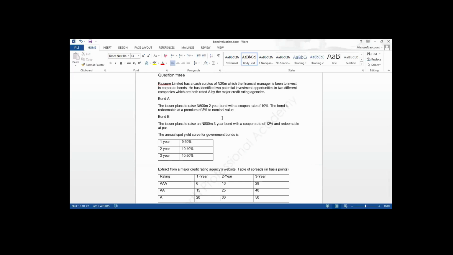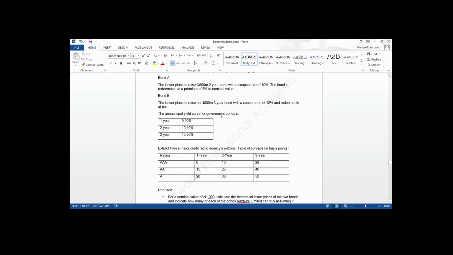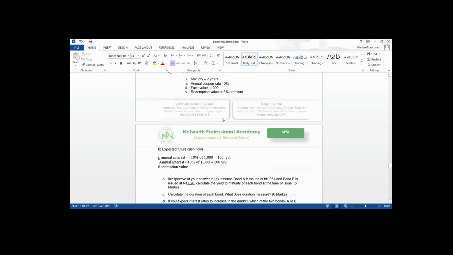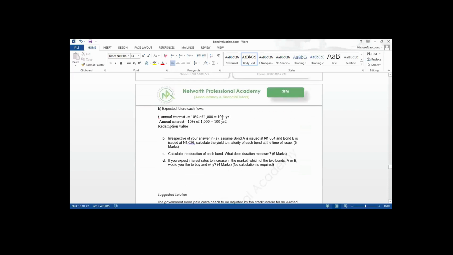Then add back 80 naira to 1,000 at 8% premium. That will give us 1,080.